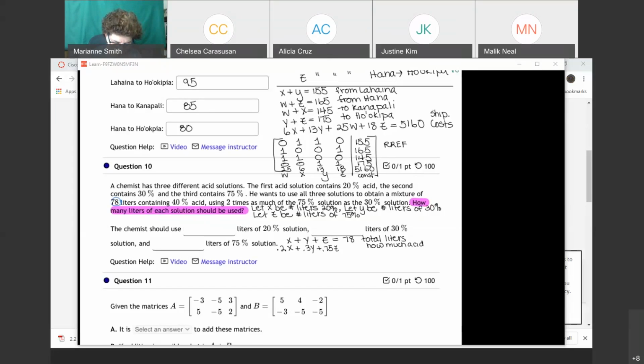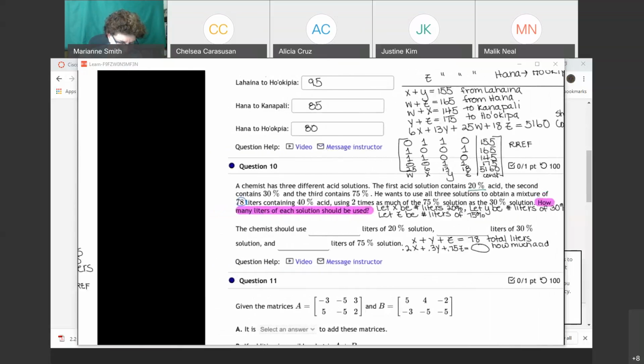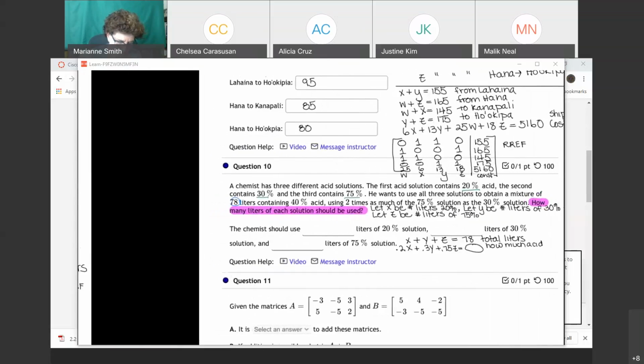Now, how do you figure out what goes on this side? What's the right-hand side? It's the number of liters of acid in your final solution. How would you figure that out? Look at what they said the final solution should be.